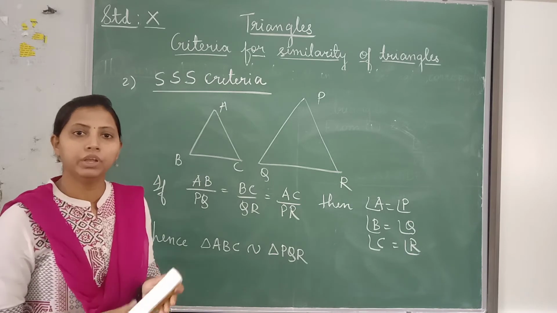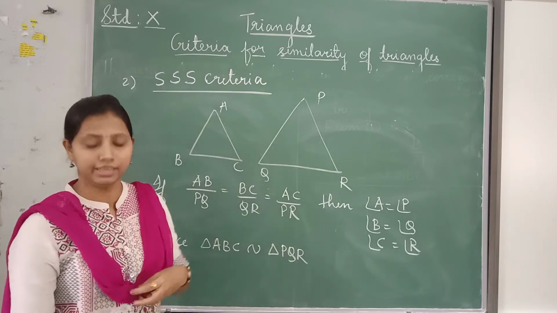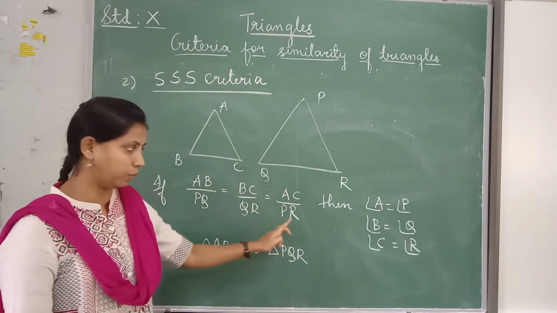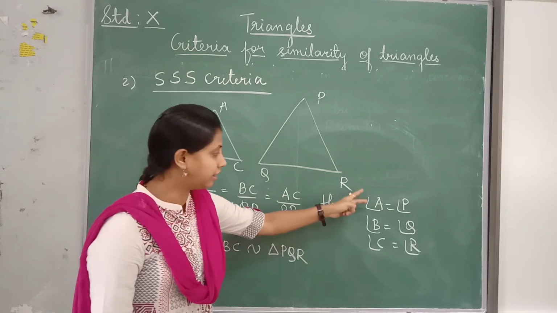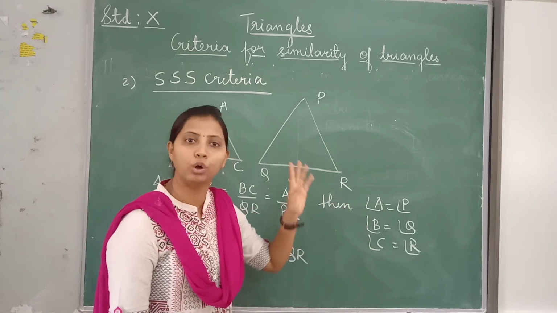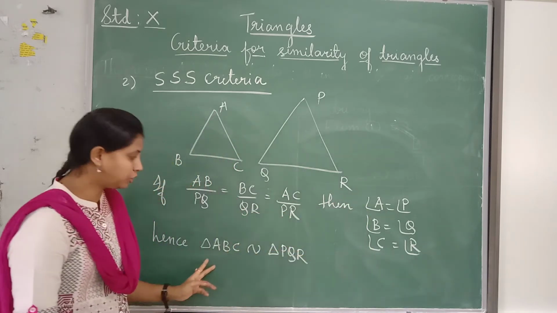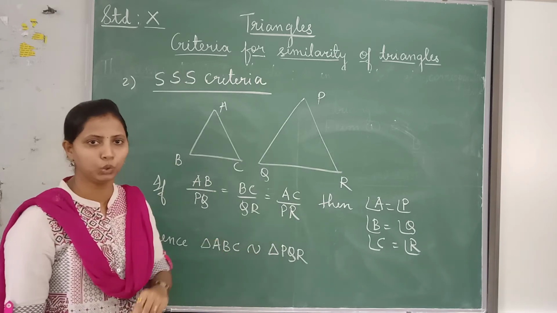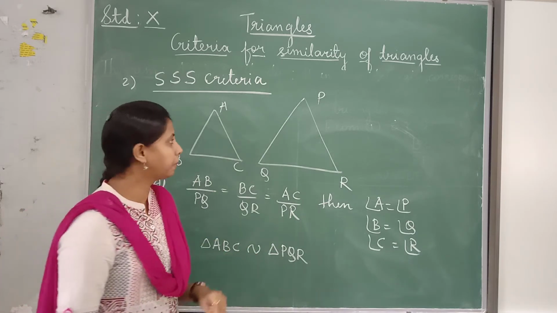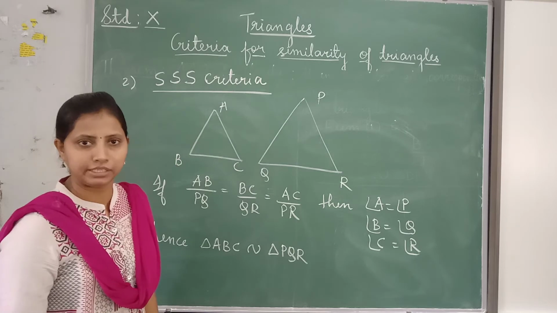Okay children, in two triangles, if all the three sides are in equal ratio, then automatically their three corresponding angles will also be equal, and hence the two triangles will be similar to each other. This is SSS criteria.